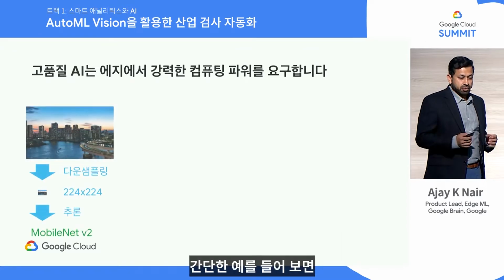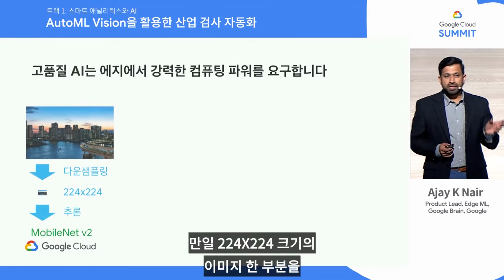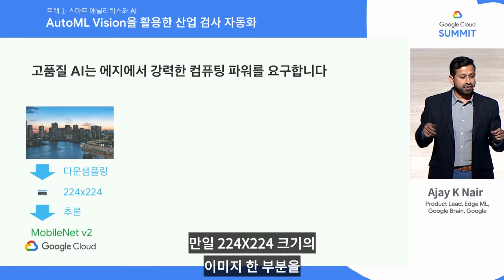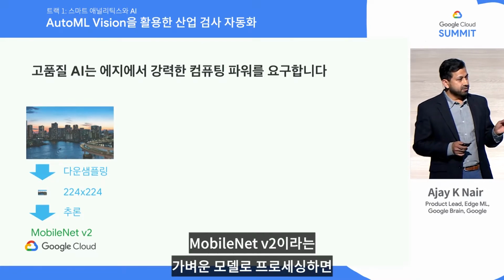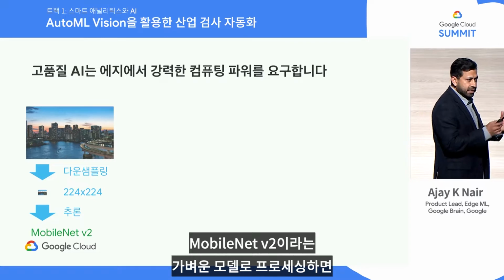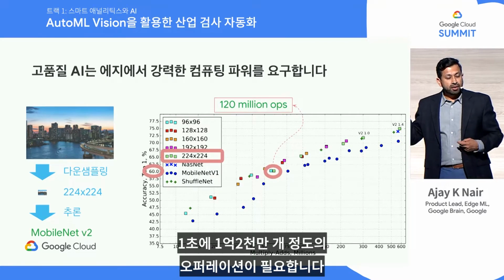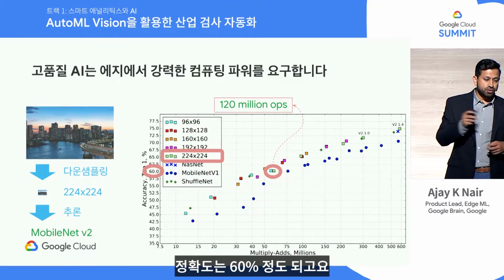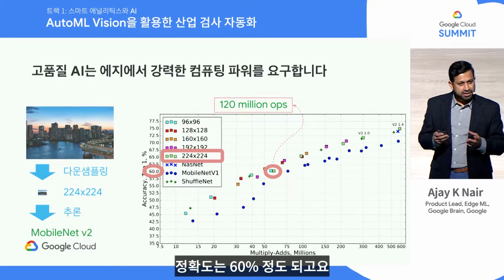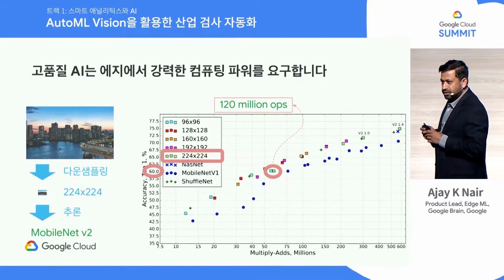As a simple example, if you take a 224 by 224 section of an image and run a MobileNet V2 model on it, which is a lightweight model, you need about 120 million operations per second to get about 60% accuracy on that small image size.